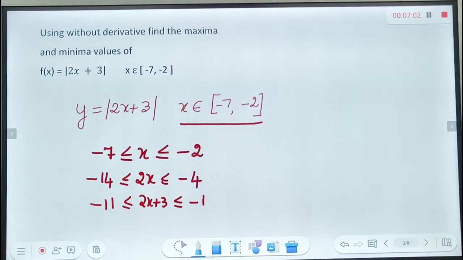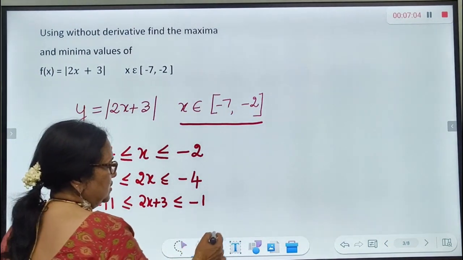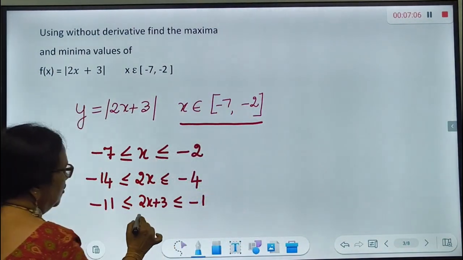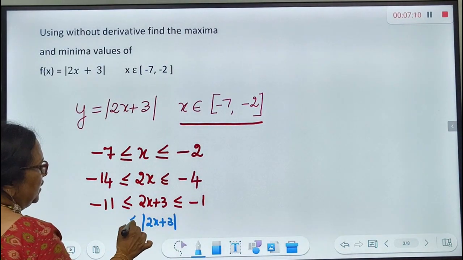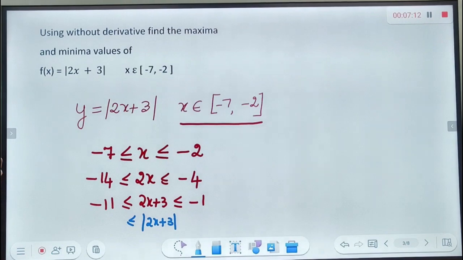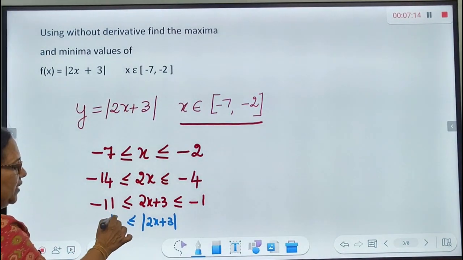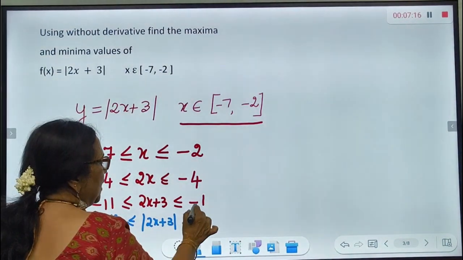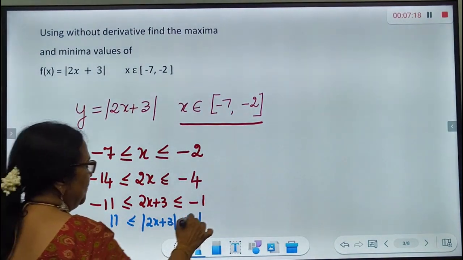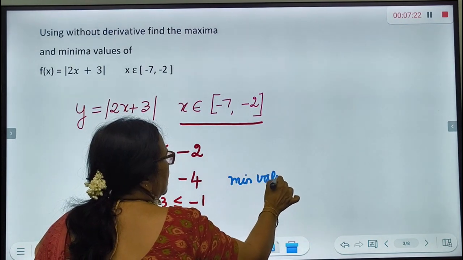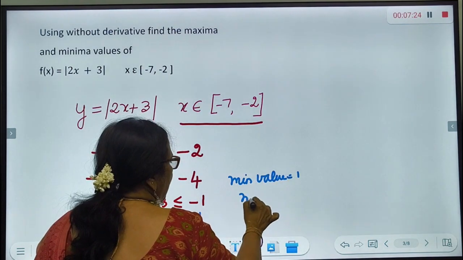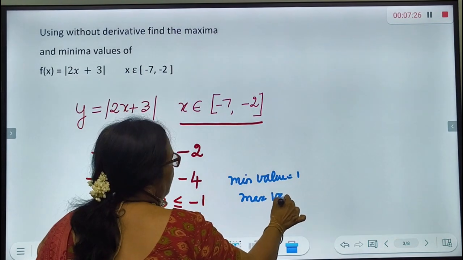Then I want to find actually the modulus. Okay. So modulus of 2x plus 3 will lie between what? When I take modulus, this will become 11 and this will become 1. So minimum value is 1 and maximum value is 11.